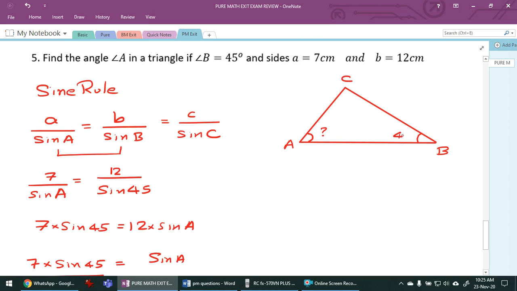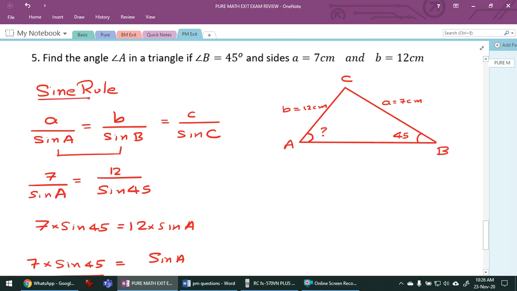So this is 45. Side a means opposite to angle A, we have side a, which is 7 centimeters. Opposite to angle B, we have side b equal to 12 centimeters. We should find capital A, angle A.